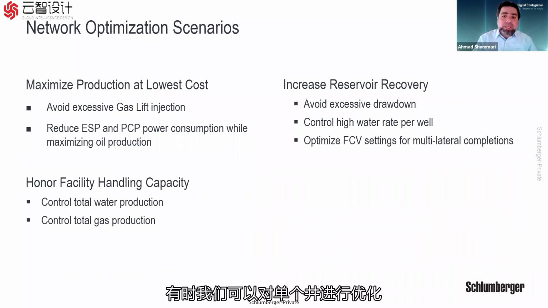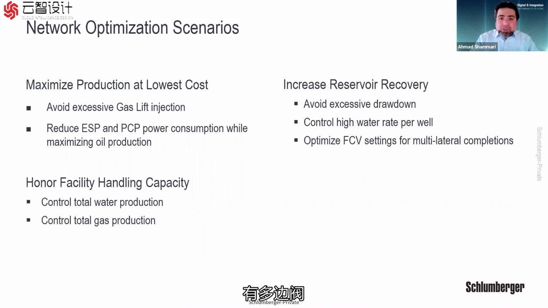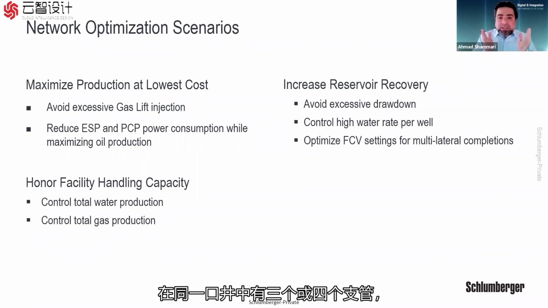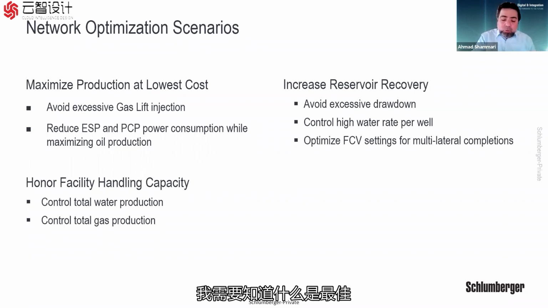Or sometimes we can do the optimization on an individual well that has multilaterals. And if you have multilaterals, you need to know the right combination of flow control valves. For example, if I have 3 or 4 laterals in the same well, I need to know the best way to open the downhole control valves, okay?